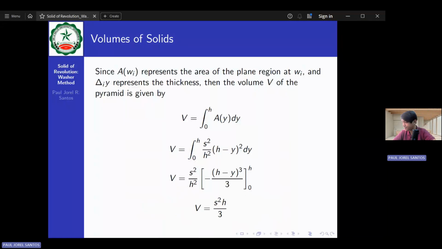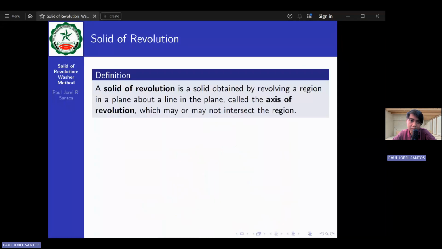We should take note that s squared is just the area of the base. So the area of the base will be multiplied by the height of the pyramid, and we need to divide the product by 3 for us to compute the volume.